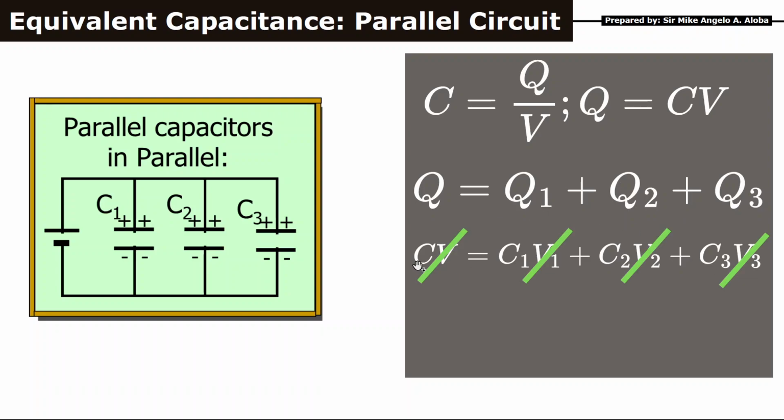Pare-pareho ang voltage sa parallel capacitor because in a parallel connection, yung mga capacitors natin ay same source. Okay, na-connect sa same source, right? And therefore, the equivalent capacitance is just equal to this summation, or pwede natin i-express like this.